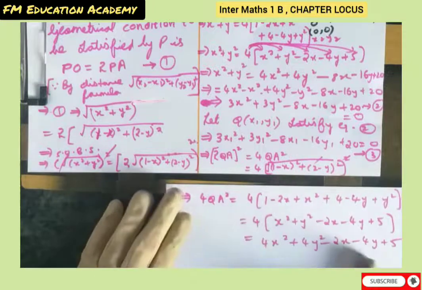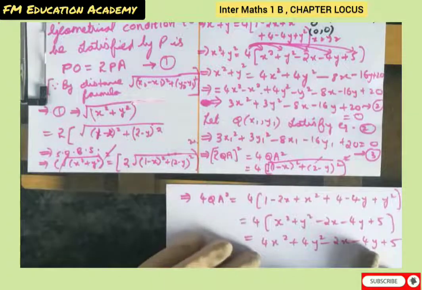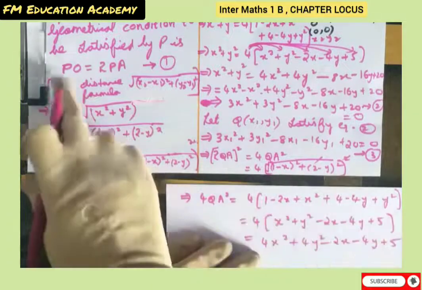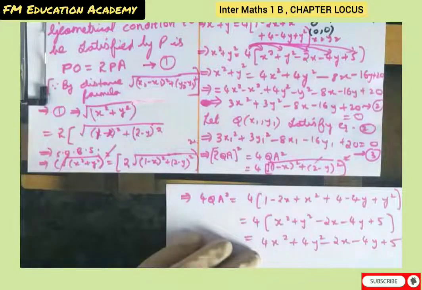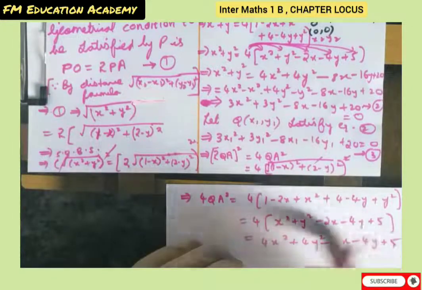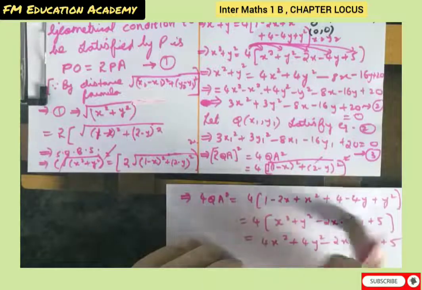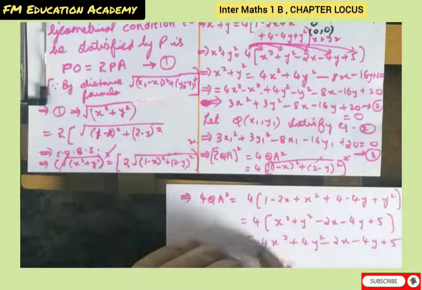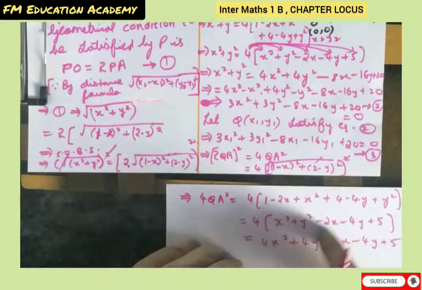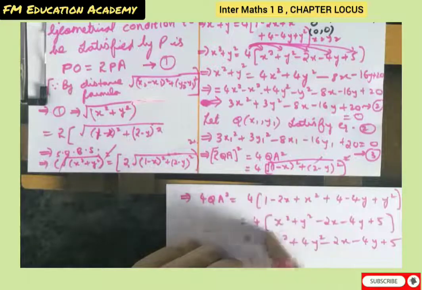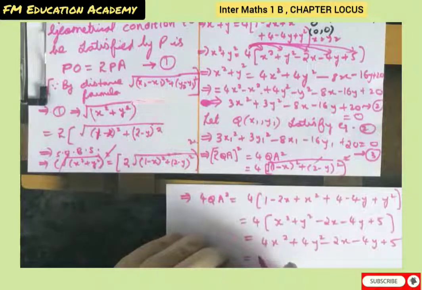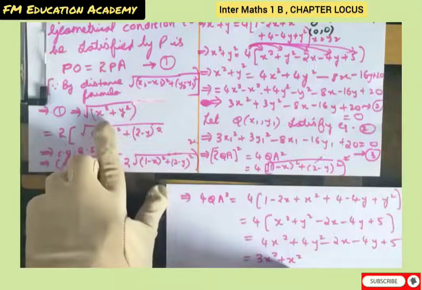Here we know that we have to make this equal to PO. What was PO? x square plus y square. So on the RHS it should be x square plus y square, which means I need to change this 4x square and this 4y square. This 4x square can be written as 3x square plus x square, so we get x square.